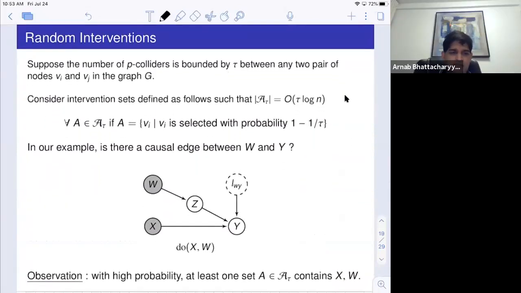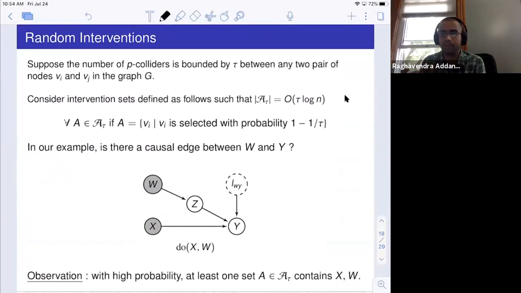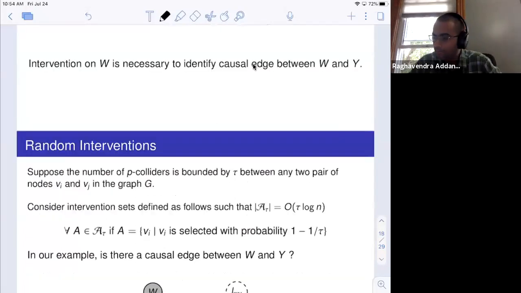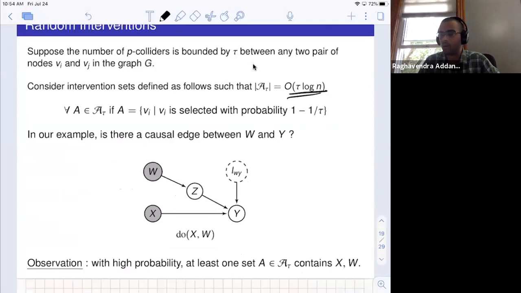Yeah, I think as you have suggested, we will once again be looking at random interventions only. Suppose the number of P colliders between any two pairs of nodes is bounded by tau. If we pick every node with probability 1 minus 1 by tau, and include it in our set, and we repeat this process tau log n many times, then we have tau log n interventions of pretty big size.